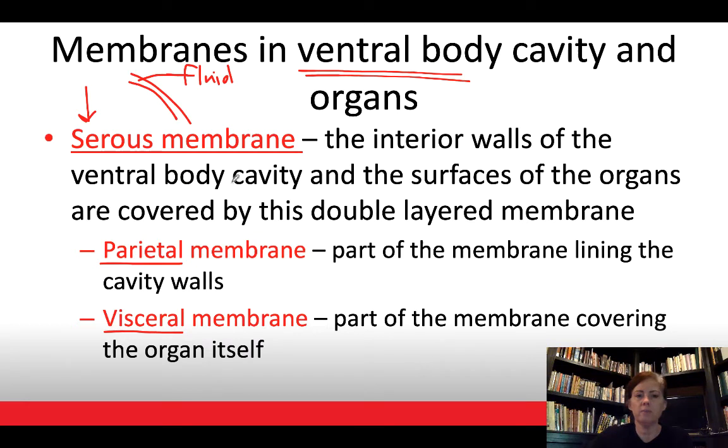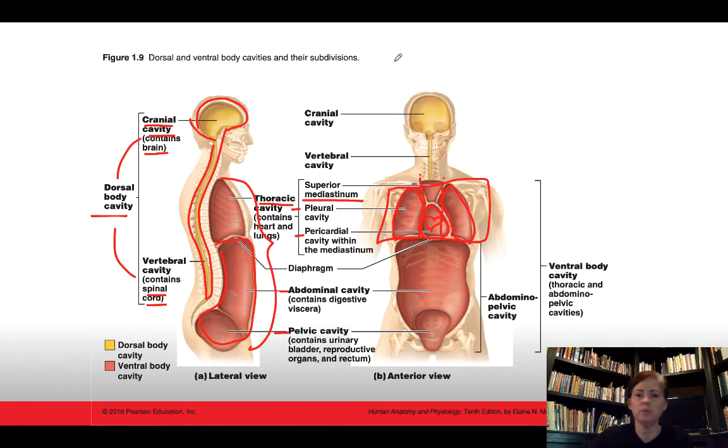So of this serous membrane, the parietal membrane is going to be the part of the membrane that lines the cavity itself. So since this is only occurring in the ventral body cavities, our choices are only going to be pleural cavity, pericardial cavity, and abdominopelvic cavity, right?